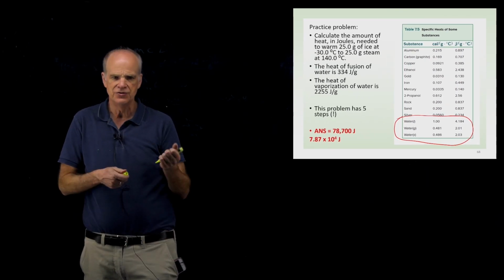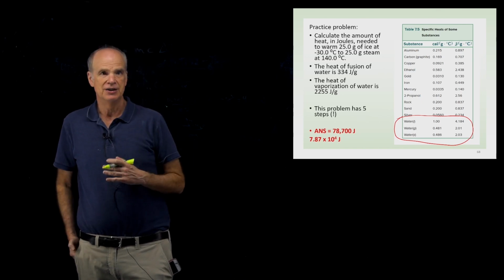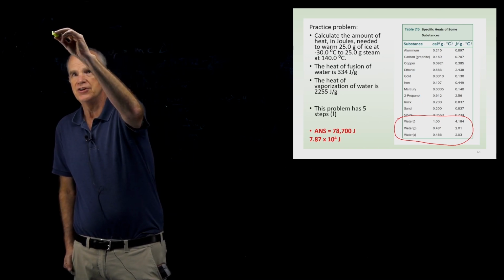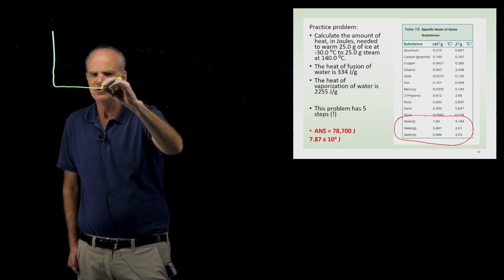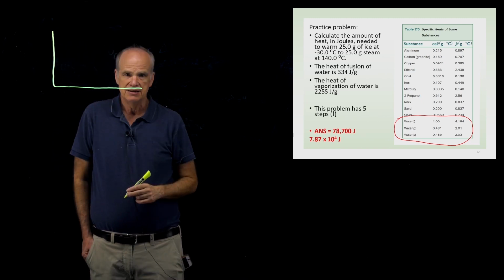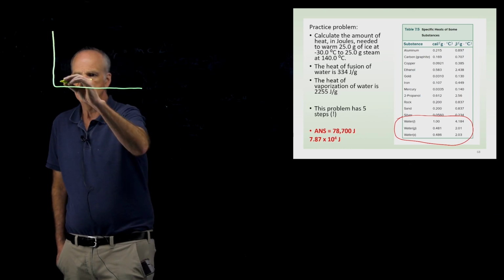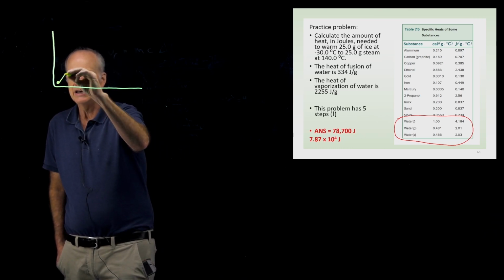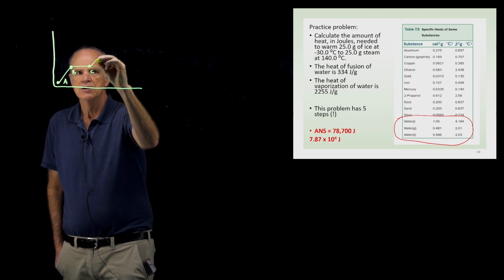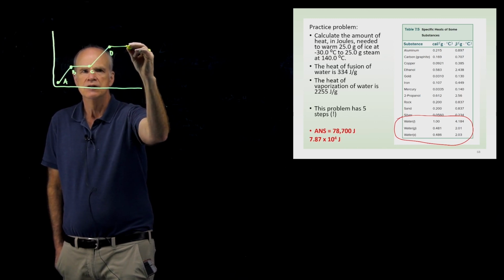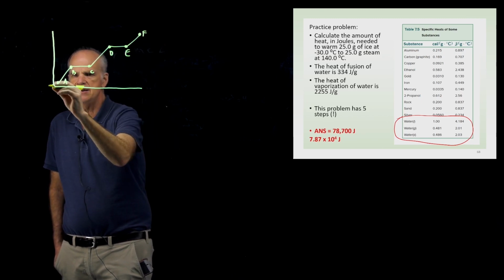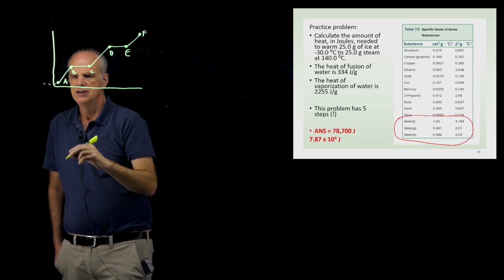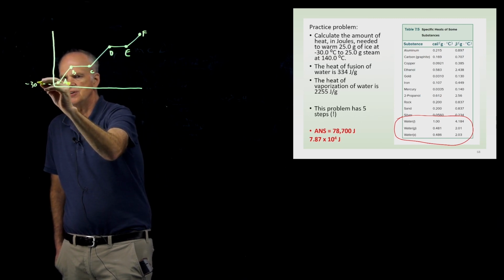So this is kind of a problem that isn't difficult, but it's kind of painful, as you'll see in a minute. So what I'm going to do is make a heating curve for water really quick. And so here we have point A going to point B, to C, to D, to E, to F. And so A here in our problem, we're going to start out at negative 30 degrees Celsius.